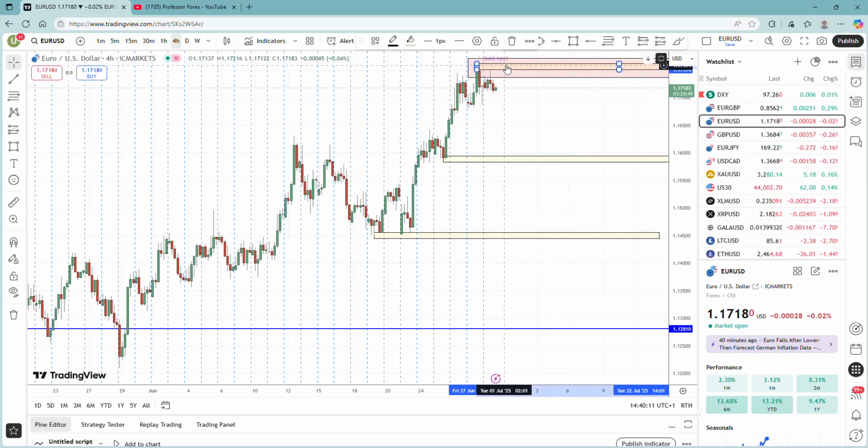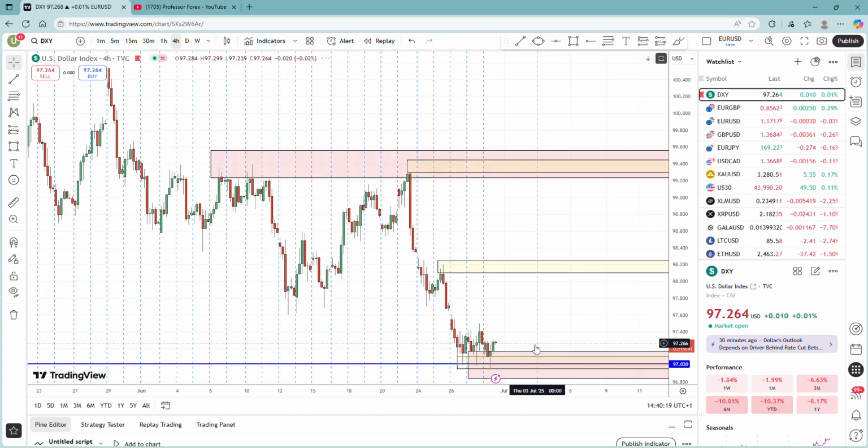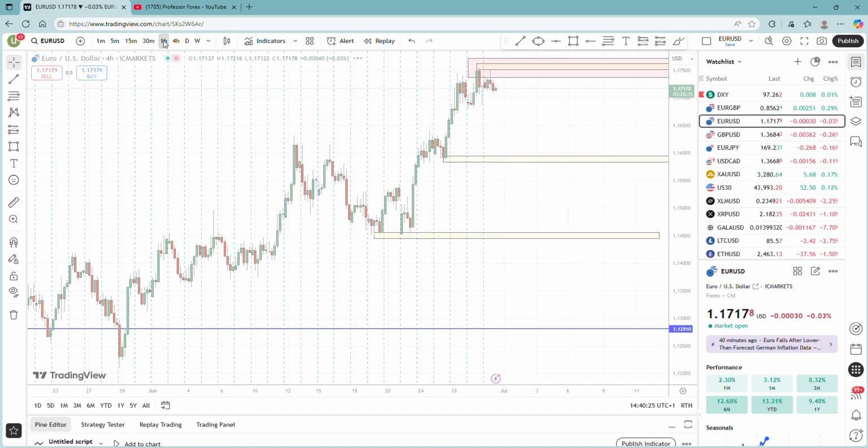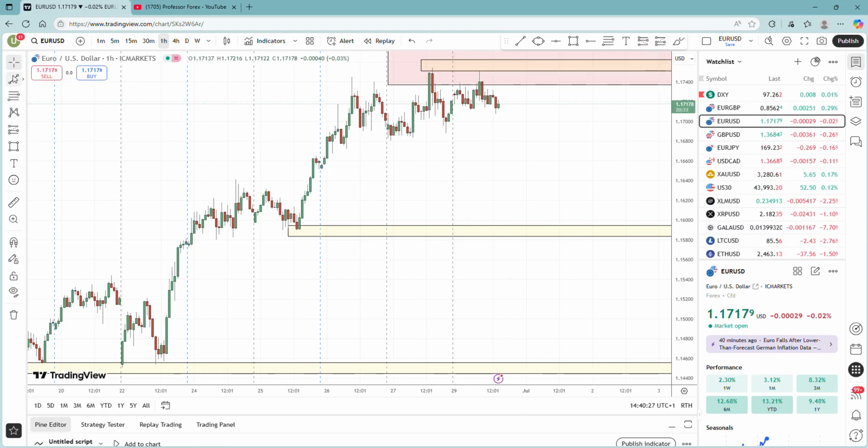So you know price is going to move from this level to this one. So right now, as I said, DXY is going up, EURUSD is going down.